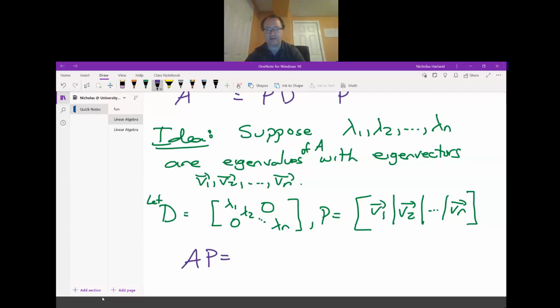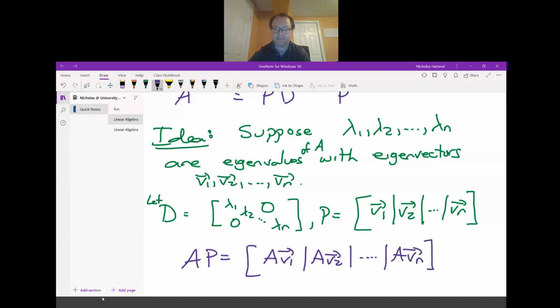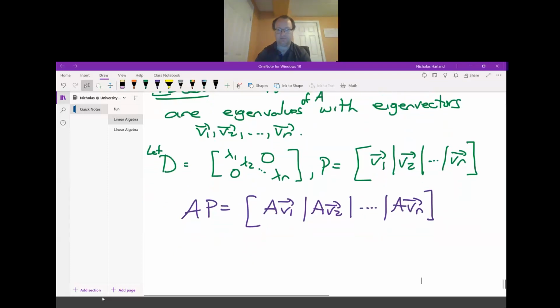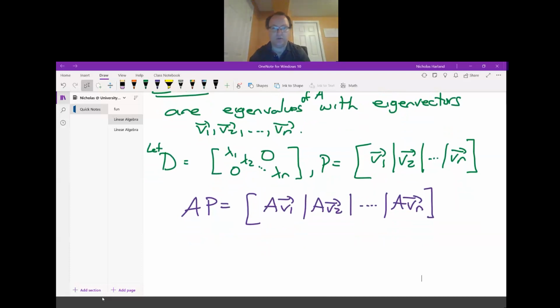If we remember back from multiplying matrices out, if we multiply on the left by A, and order is important, we get AV1, AV2, all the way up to AVn. But that's a consequence of multiplying on the left. That's why we're doing A times P, we're not doing P times A.